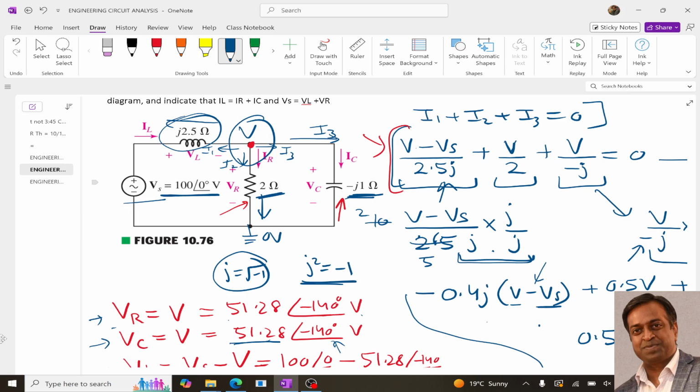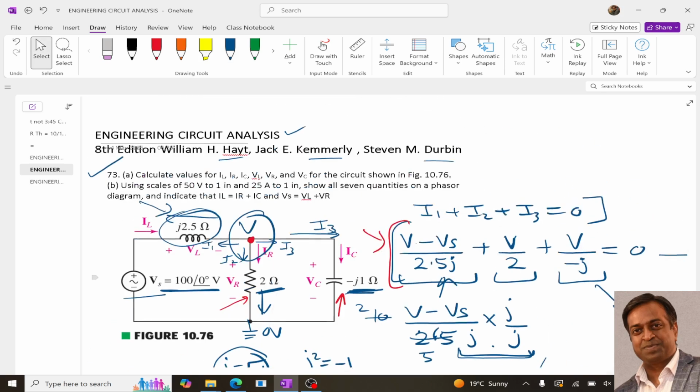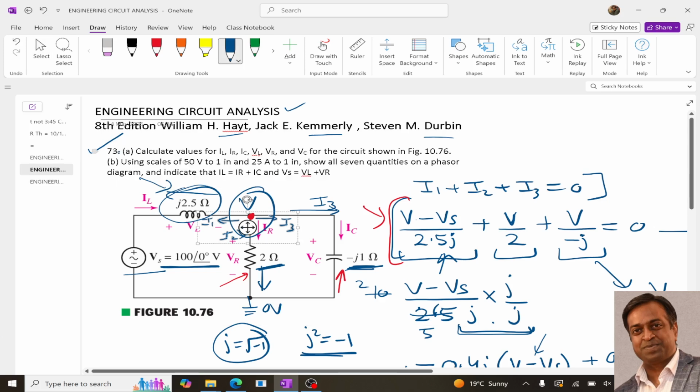Remember that when you need to add two numbers, it is better to add them in complex form, and when we need to divide or multiply, it is better to use polar form, because in division you subtract the angles, and in multiplication you add the angles. So this is the solution of part A.